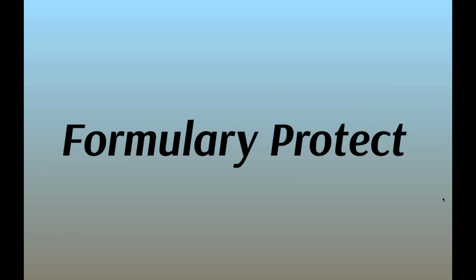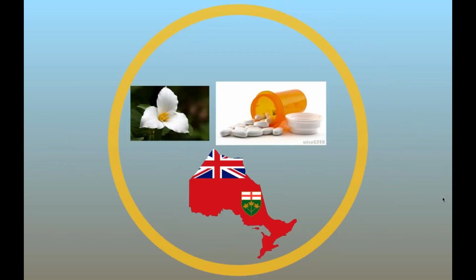What is the Formulary Protect? Well, it's quite simple. It covers you for drugs, and it utilizes the Trillium Drug Program that was established in 1990. For those of you that don't know, the Trillium Drug Program was established by Bob Rae in 1990, and all other provinces adopted a very similar type of program. Ours is called the Trillium Drug Program because of the provincial flower.